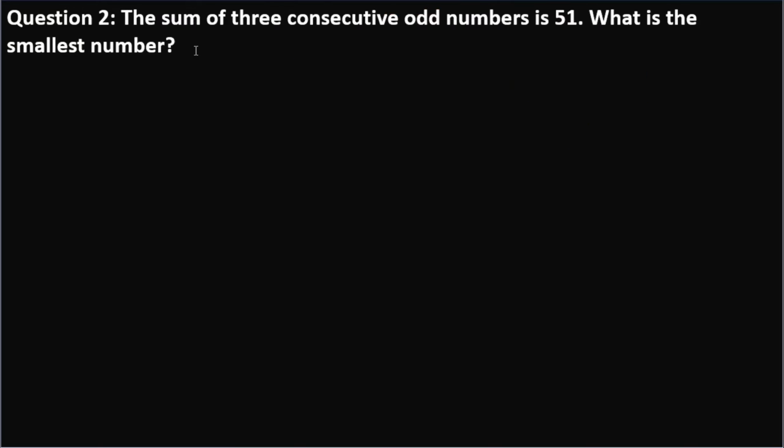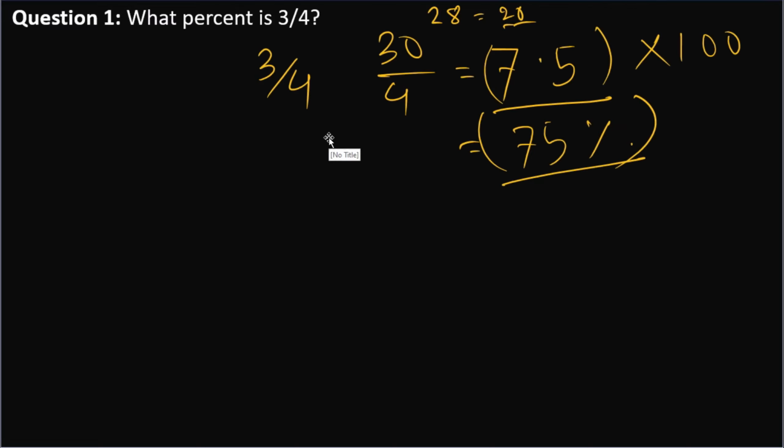Now I have a doubt here, so I need to clear it. If we normally divide, 0.7 and 5, so it's not 75% actually.